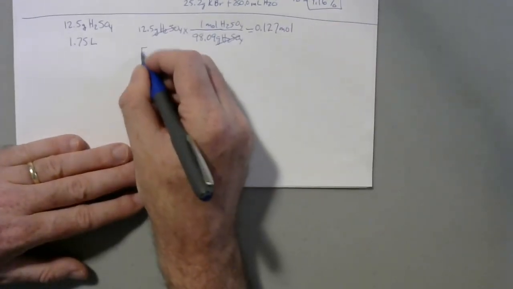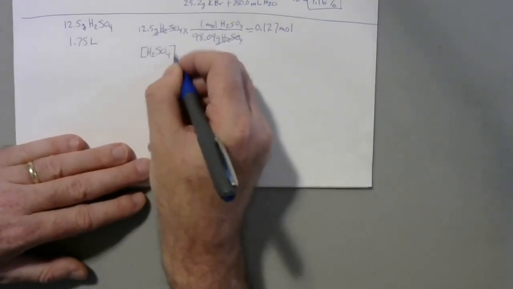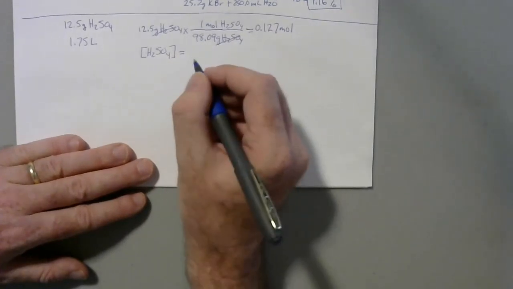Now, if we want the concentration of the sulfuric acid, [H2SO4], that bracket notation generally indicates molarity of the substance in brackets.